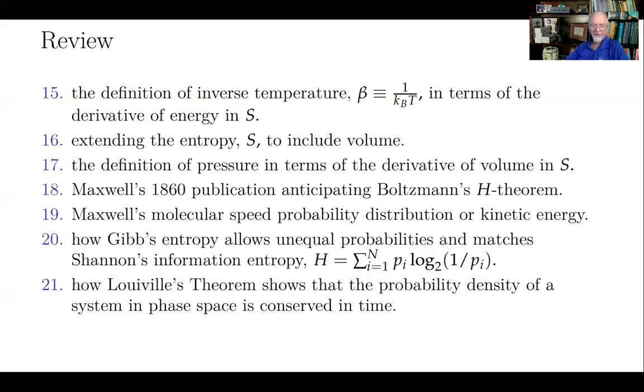And so H is the sum from i equals 1 to n of p sub i log p sub i, with a slightly different constant because Shannon did it in log base 2, and of course Gibbs did it in log base e.